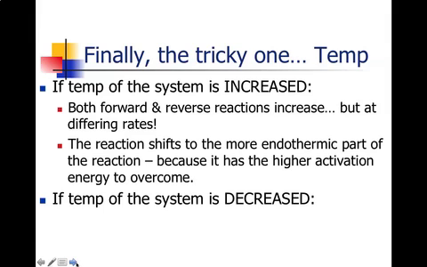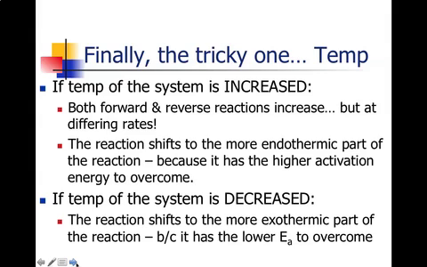If the temperature of the system is decreased, the reaction shifts to the more exothermic part of the reaction. Remember, exothermic, we deal with an enthalpy change being negative. Endothermic, remember, is positive because we have a lower activation energy to overcome.